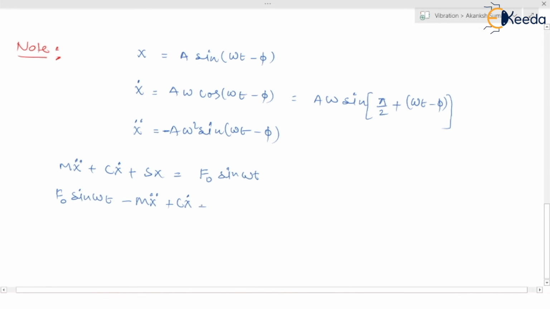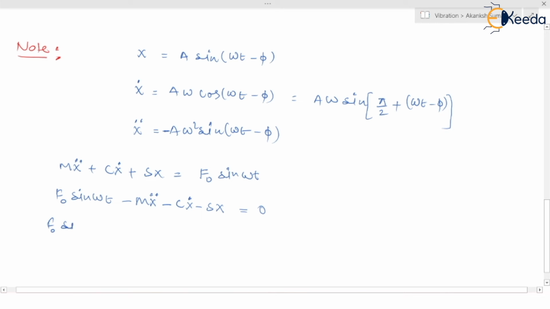I will let you know what types of questions are going to be asked on this topic. We are rearranging these equations, so this is the basic equation. Now we just have to put in the x double dot, x dot and x values.